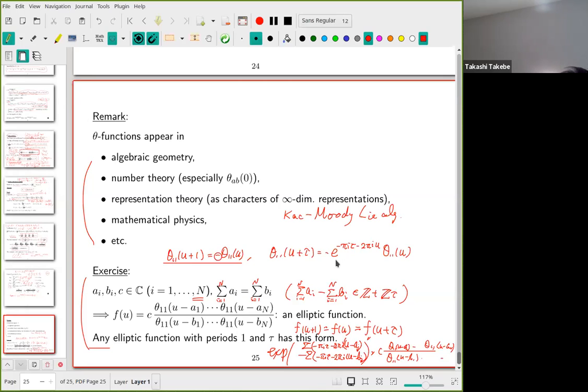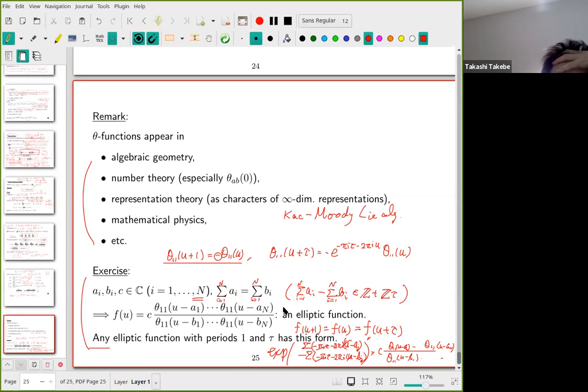Such factor comes from the numerator, and such factor comes from the denominator. And as you see, everything cancels. Here, sum of A's and sum of B's cancel because of the assumption. So we have an elliptic function with period 1 and period tau. On the other hand, so this is an elliptic function.